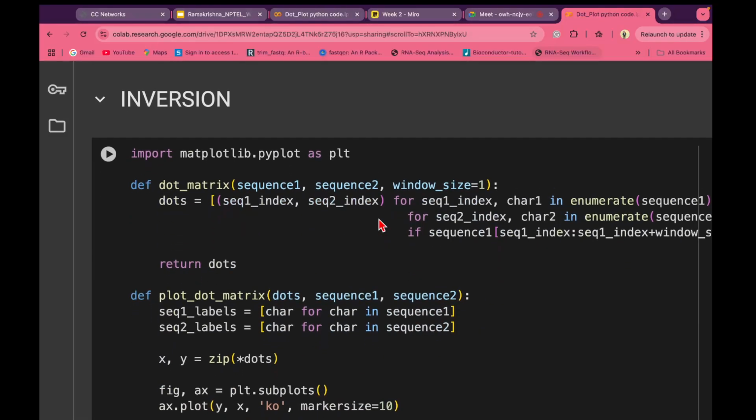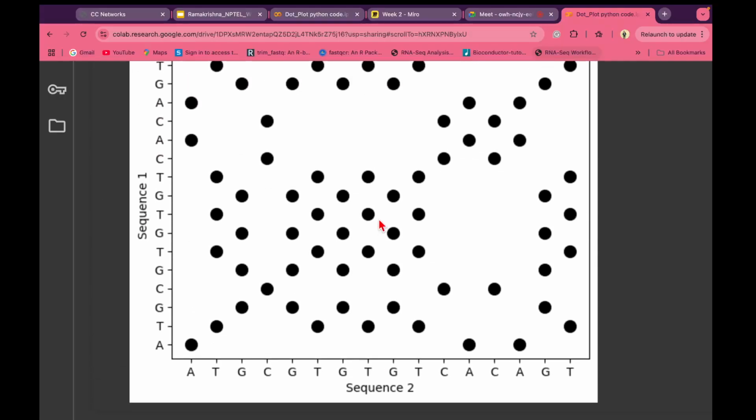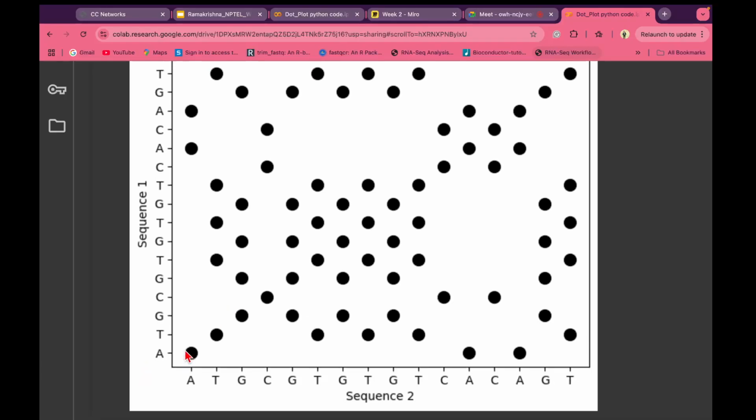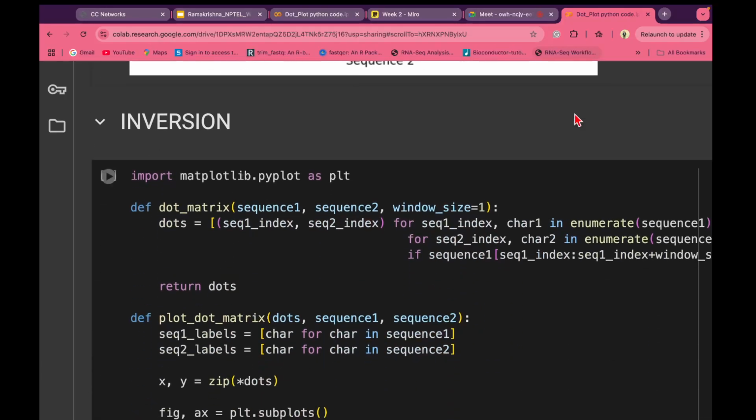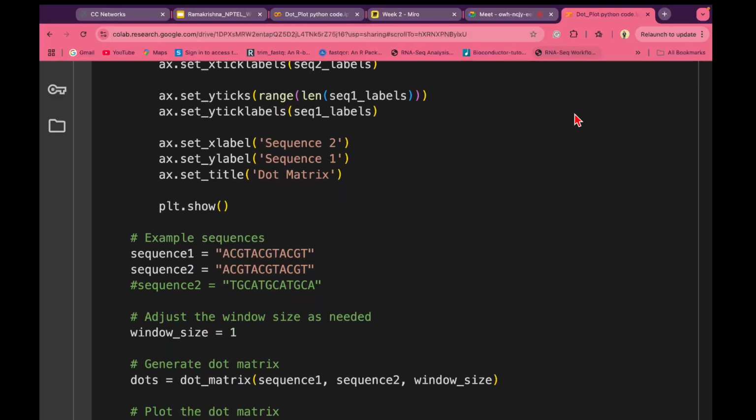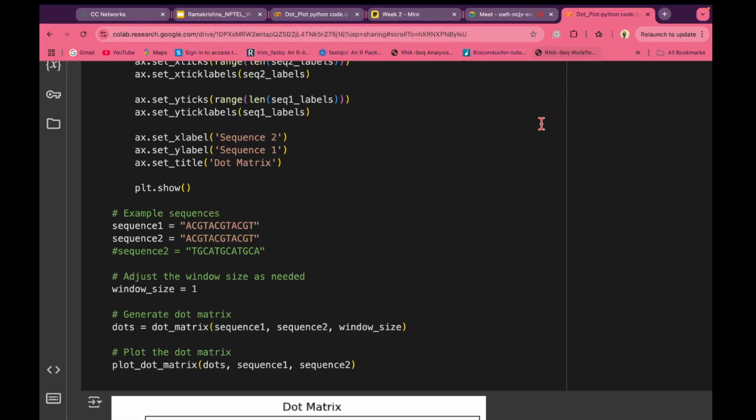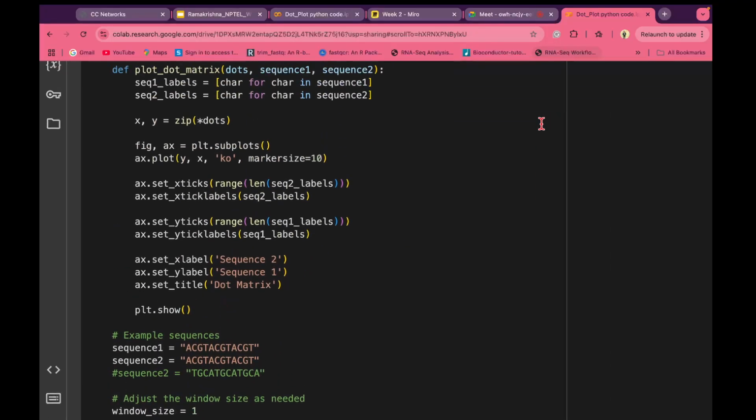Followed by that, we have the concept of inversions. Inversions are a special case in dot matrix when a part of a sequence or the complete sequence is in reverse orientation, so the diagonal lines will appear mirrored. So far we have seen the diagonal from the leftmost corner to the top right. In the inverted case, we should see the mirrored version of the diagonal.